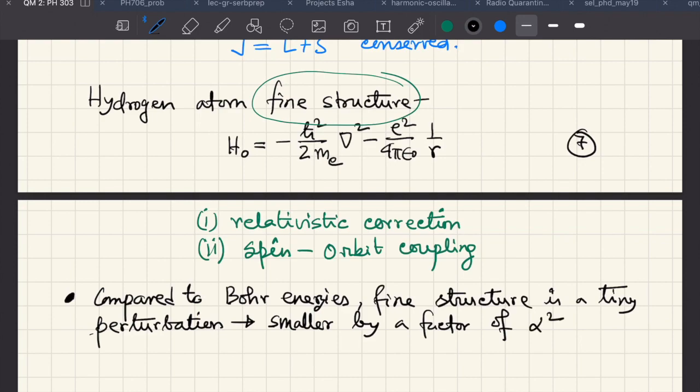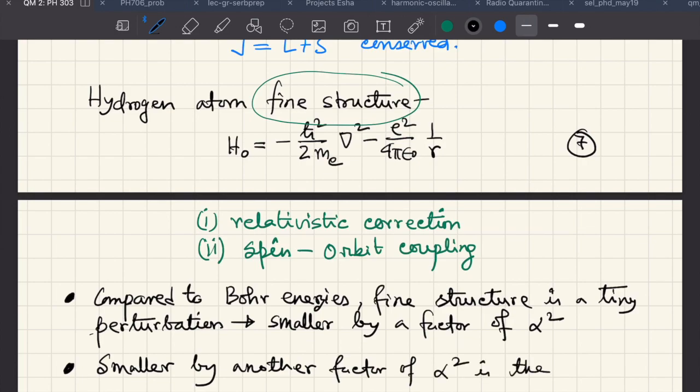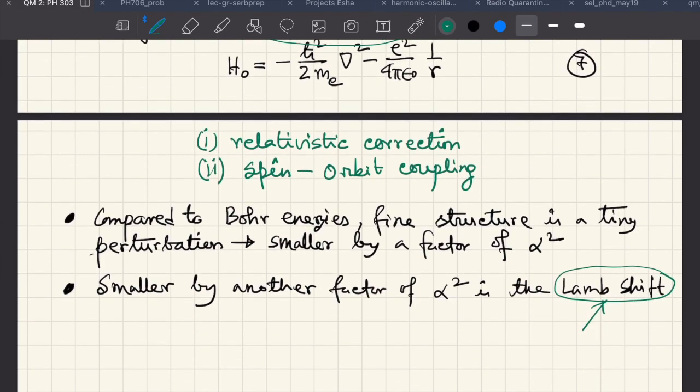Smaller still by another factor of alpha square, that means total alpha cube, is some phenomenon called the Lamb shift, which is basically related to the quantization of the electric field.